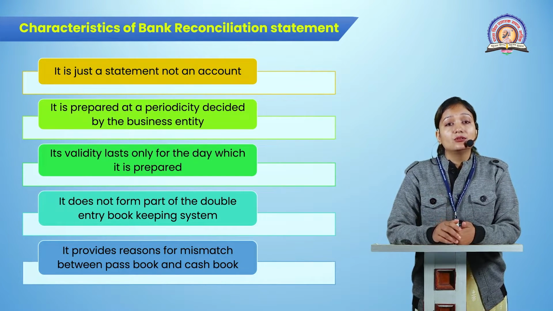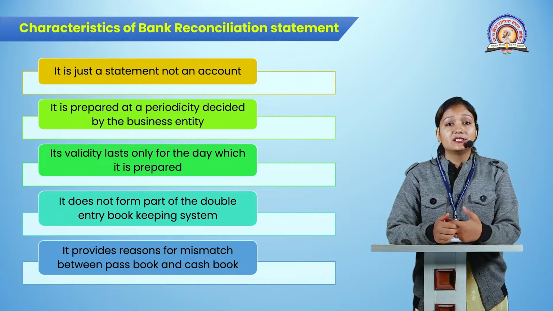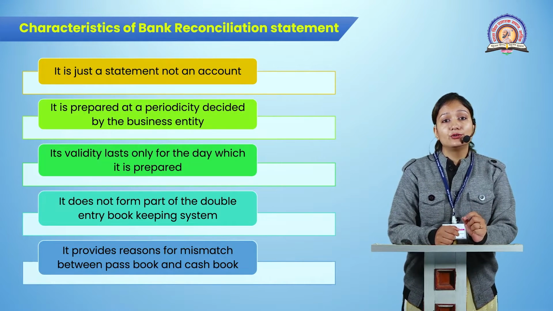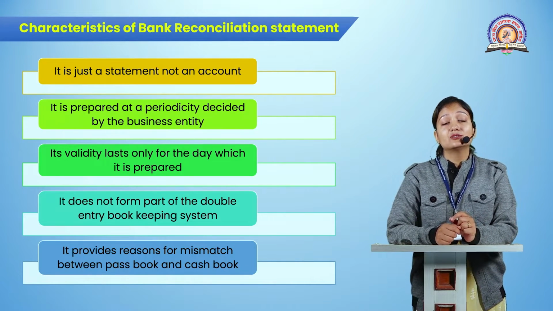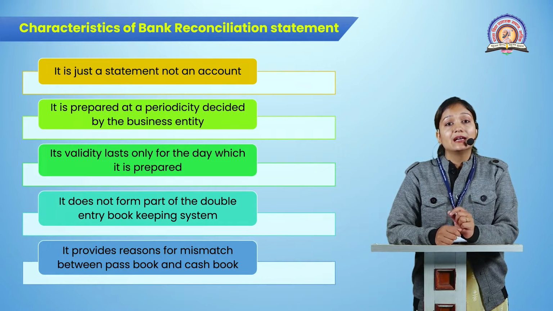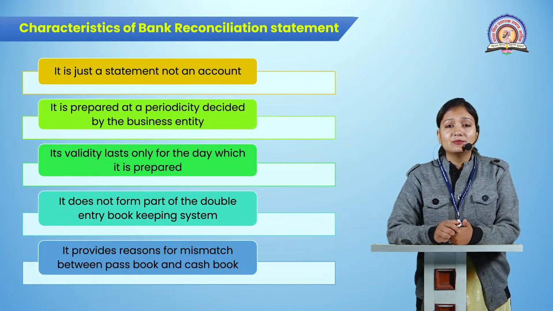Okay. Now, the second thing is that it is prepared at a periodicity decided by the business entity. Why the periodicity? Because when the business entity wants to make a BRS, that BRS is prepared for a particular period of time, and that is the reason it is known as a periodicity. Why is it decided by the business entity?